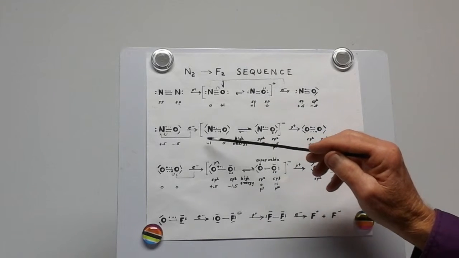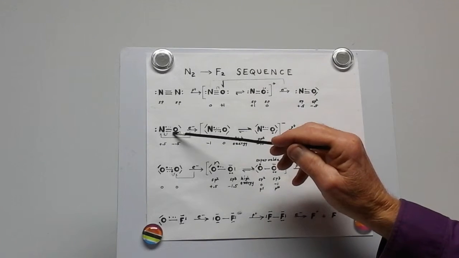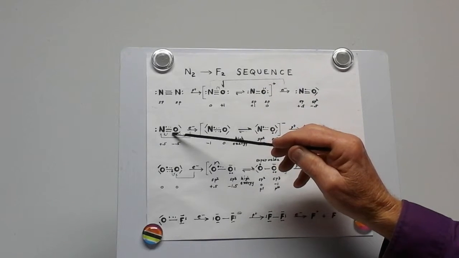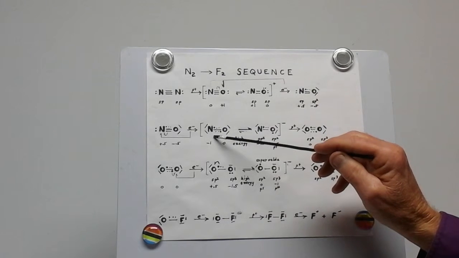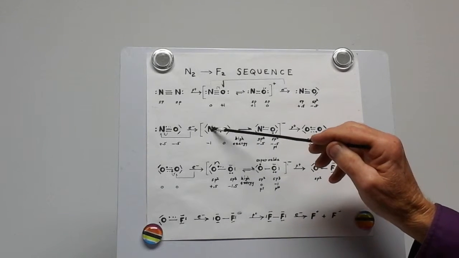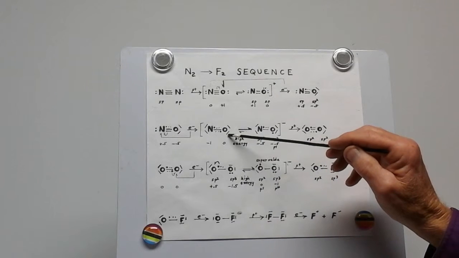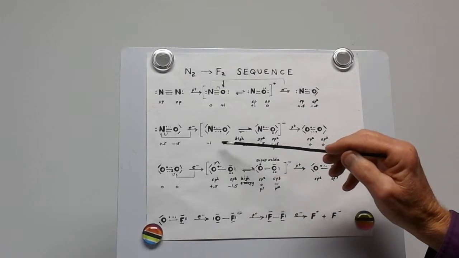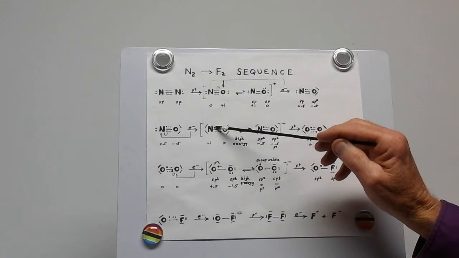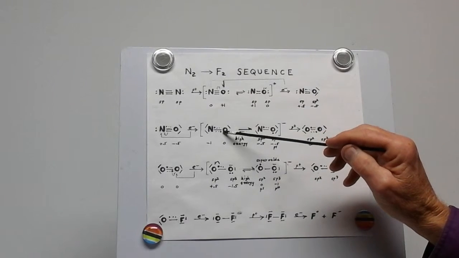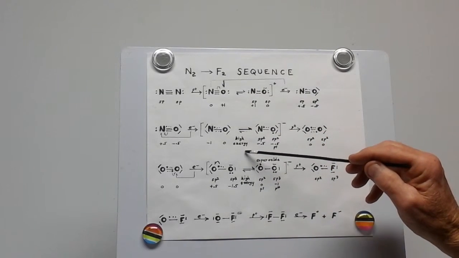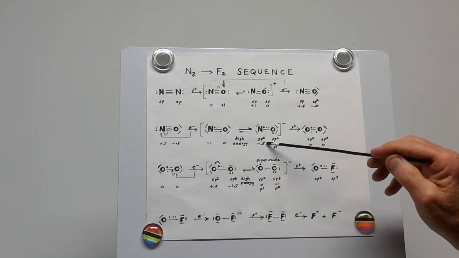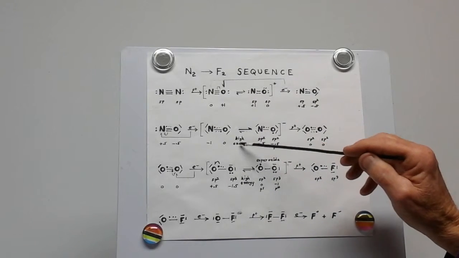What happens here is this 1 electron is going to stay in that p orbital component of the pi, and you have here the nitrogen is going to be sp2 hybridized, the oxygen is sp2 hybridized, minus 1 and 0, and this would be a 1 electron p orbital pi bond, and this is 1 electron p orbital pi bond. This form would be minus 1, 0.